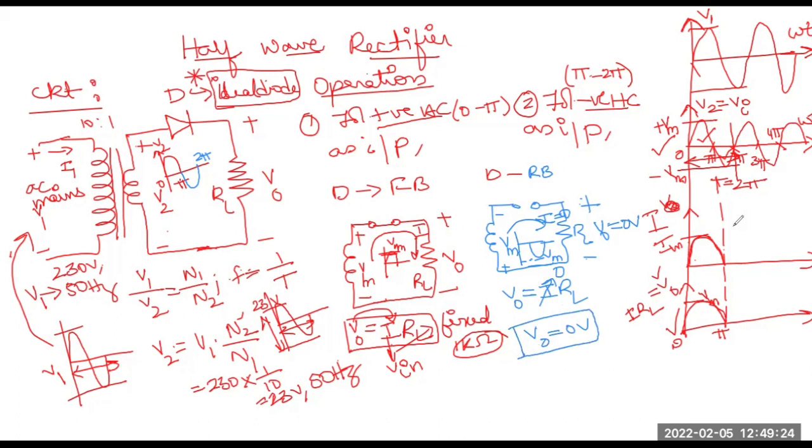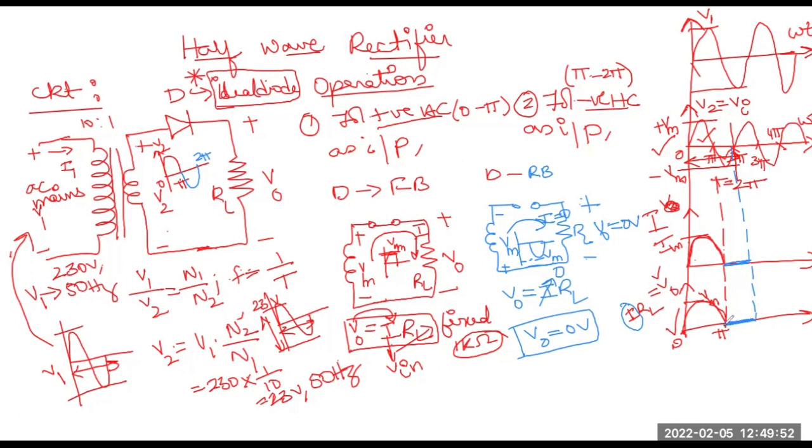So if I plot this in the waveform, this is the period of the negative half cycle, right? I said current I is 0, so no current. Now when current I is 0, this expression did not change: V naught is equal to I into RL. But in the negative half cycle, since I has become 0, automatically V naught turns out to be 0.